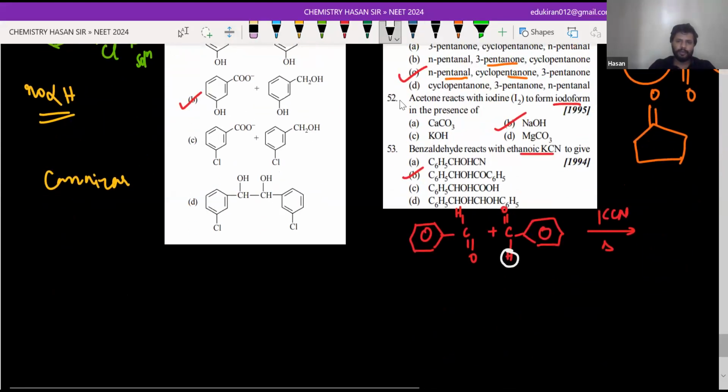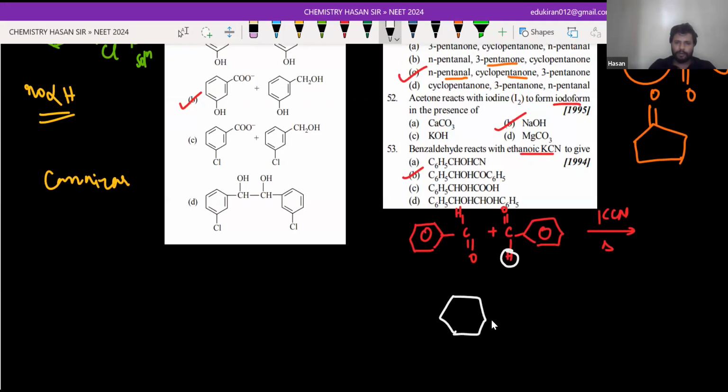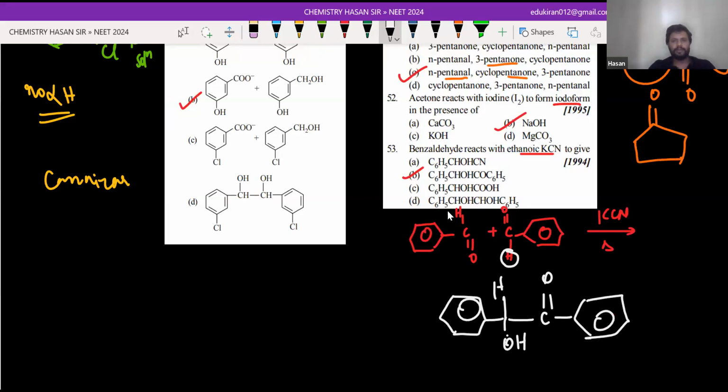The product basically formed here will be like this, benzaldehyde KCN. This will be reduced, OH, hydrogen is there, and this will be oxidized. So you just need to remove hydrogen. So this will be the product. So the answer is B. Is that clear? And this is called benzoin condensation.